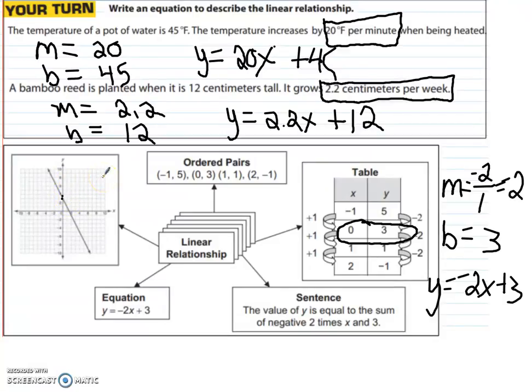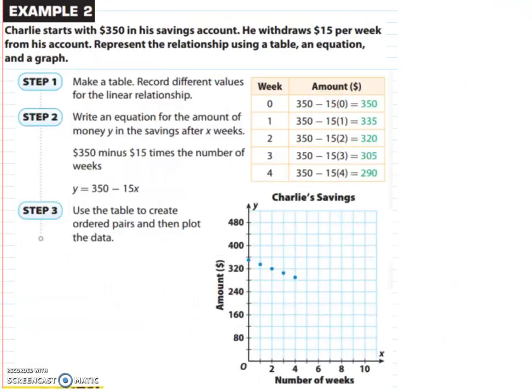All right, go ahead and flip to the back side. On the back side, it has example 2. It says Charlie starts with $350 in a savings account. He withdraws $15 per week from his account. Represent the relationship using a table, an equation, and a graph.